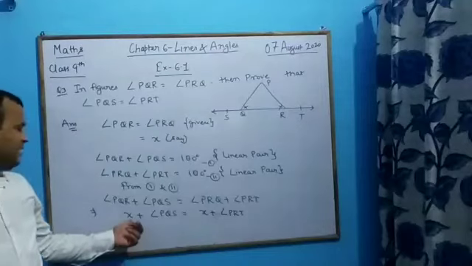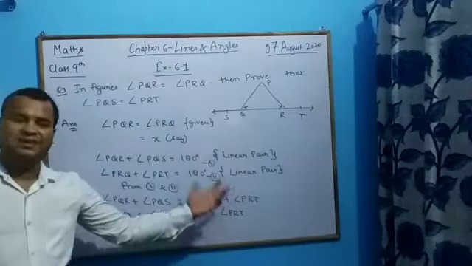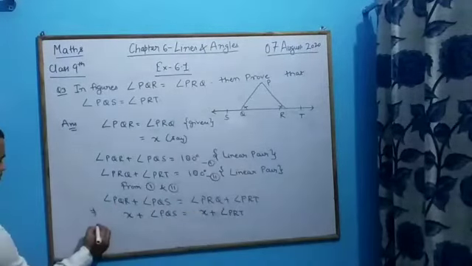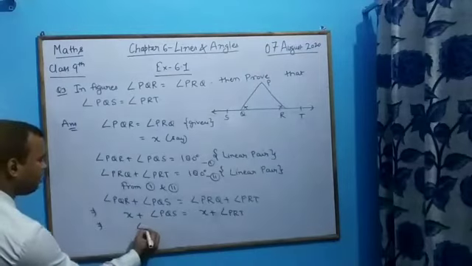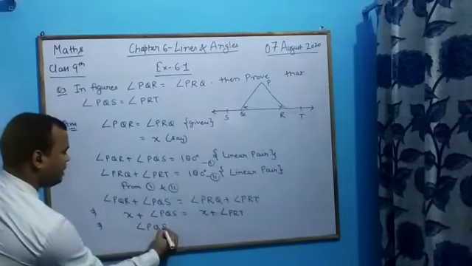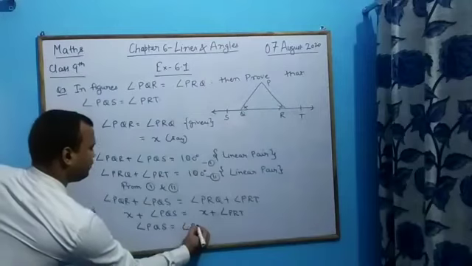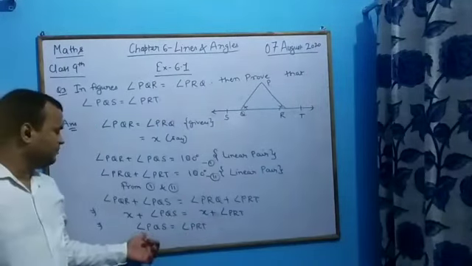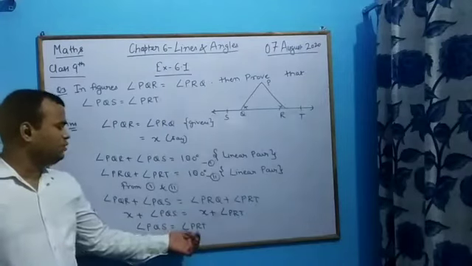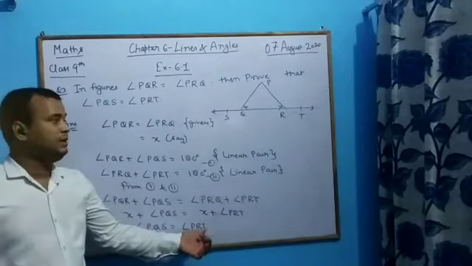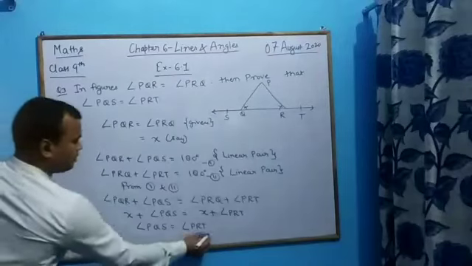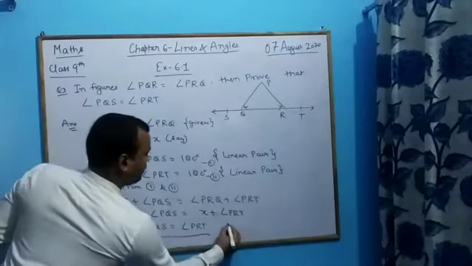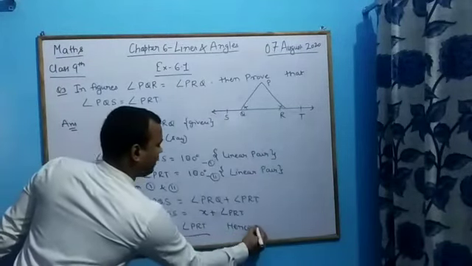Here we can see that x is on both sides, so we can cancel it out. After cancelling, we are left with angle PQS equal to angle PRT. And this is what we needed. So we can write, hence proved.